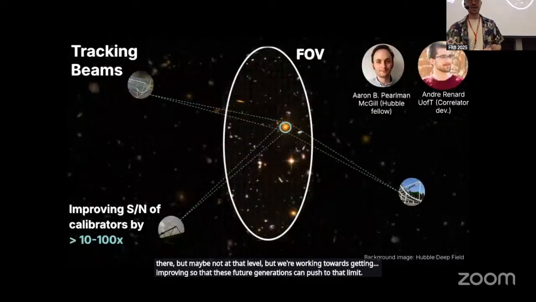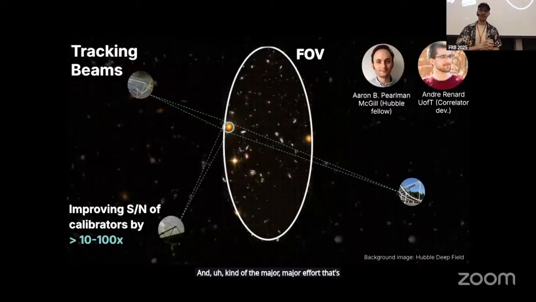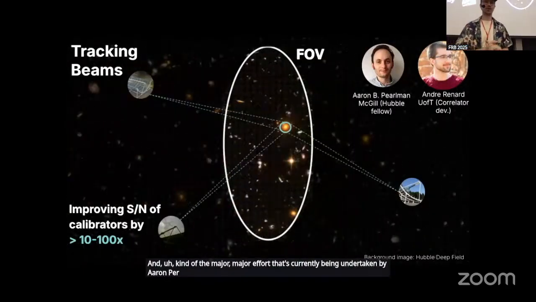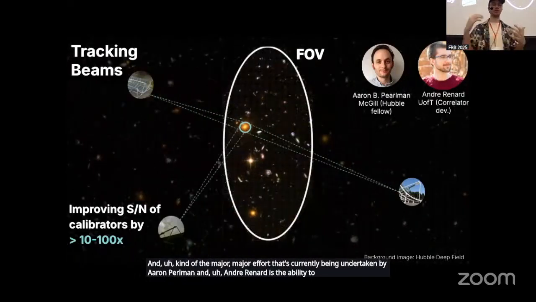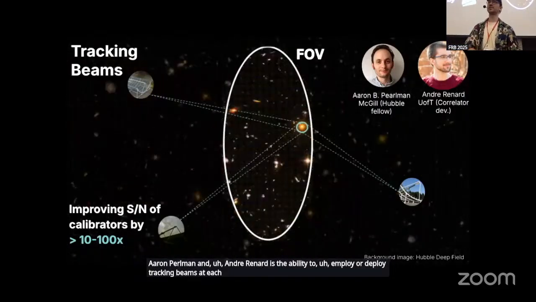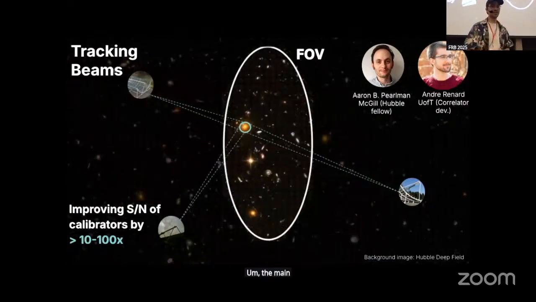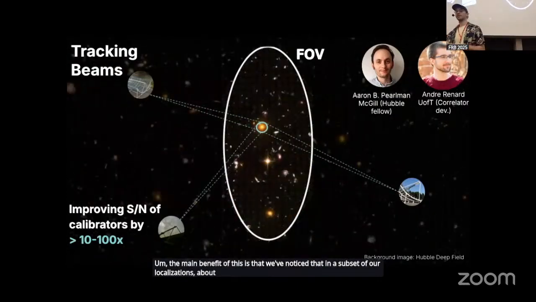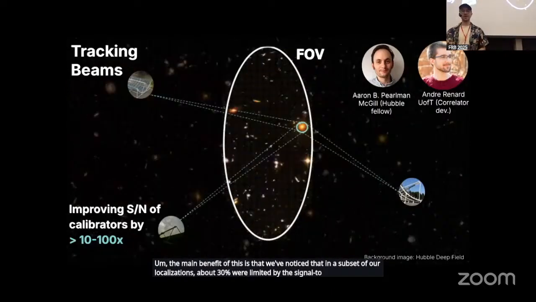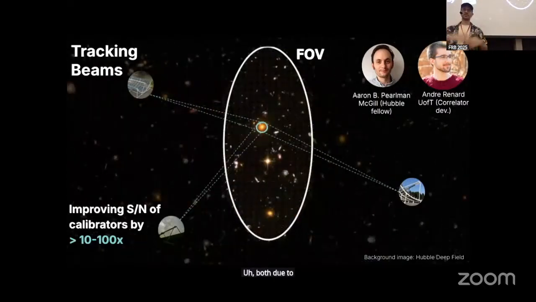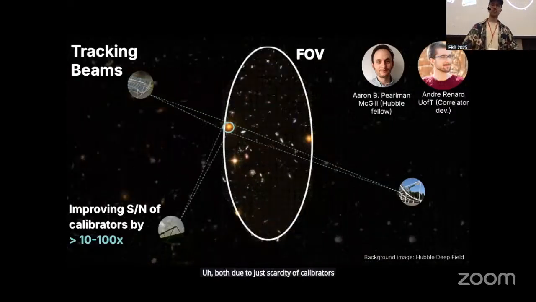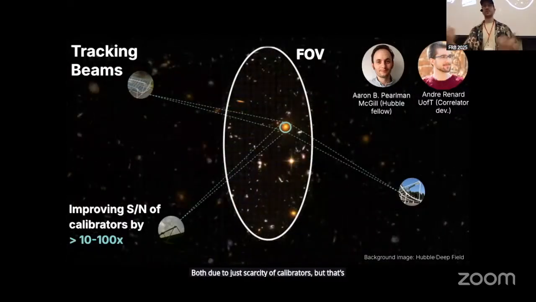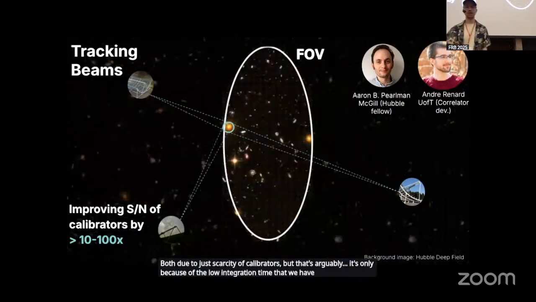The major effort currently being undertaken by Aaron Perlman and Andre Renard is the ability to deploy tracking beams at each of the Outrigger sites. The main benefit is that in a subset of our localizations, about 30% were limited by the signal to noise of the calibrator, both due to scarcity of calibrators and the low integration time that we have in our typical voltage data.